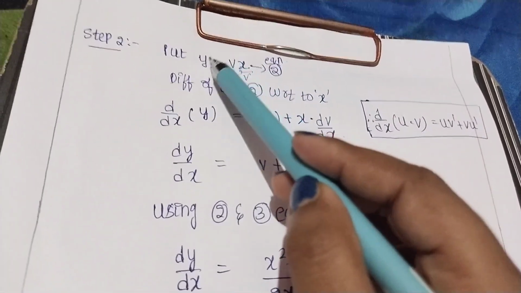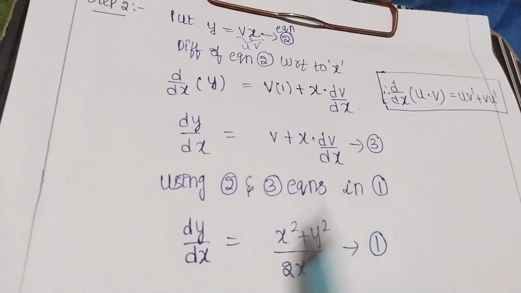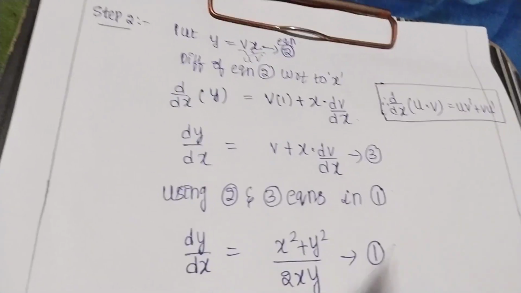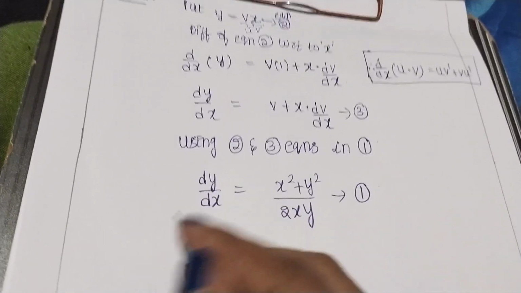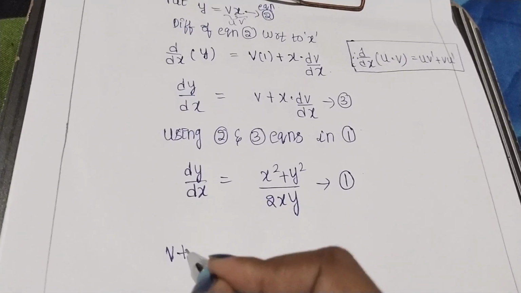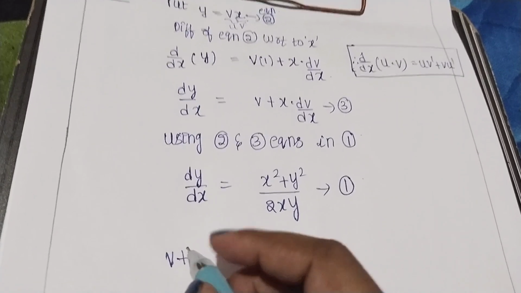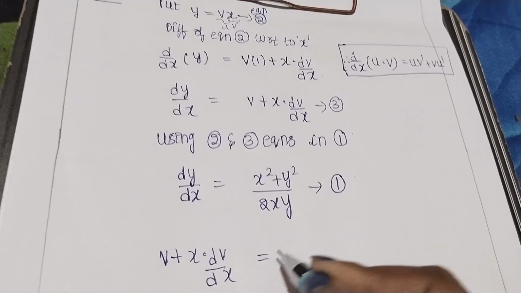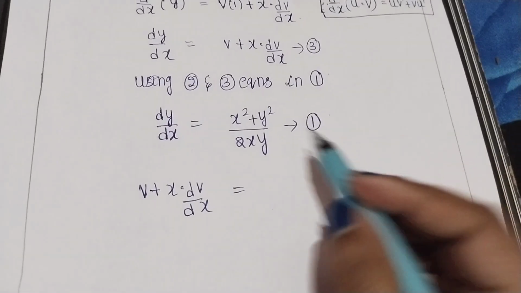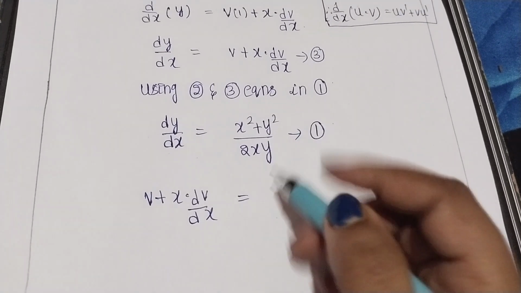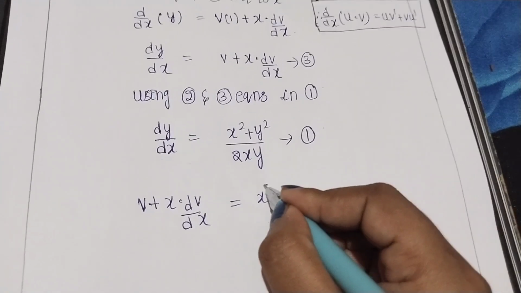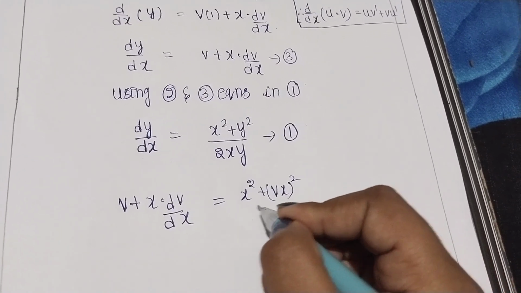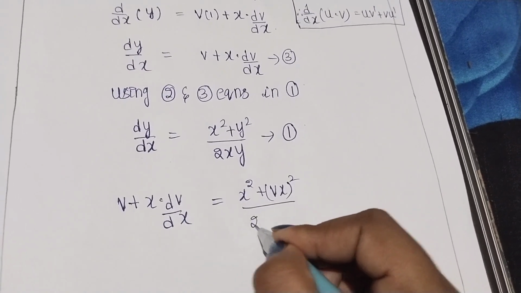We have to place vx in place of y, and we should also replace the dy by dx term. So it becomes v plus x into dv by dx equals, with vx in place of y and no need to disturb the x term, x square plus (vx) whole square divided by 2x into vx.